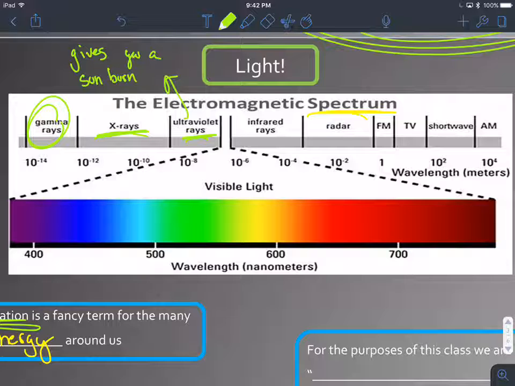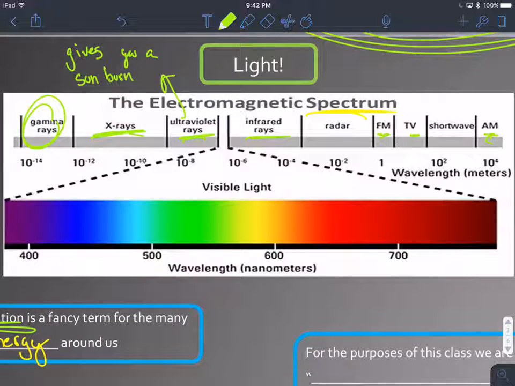Those UV rays are why we wear sunblock. Then you have infrared rays, and this goes all the way to things such as TV and radio waves. But what we're focusing on is this small segment right here, which is known as visible light. This is what we're going to be putting our focus into for this unit at least.